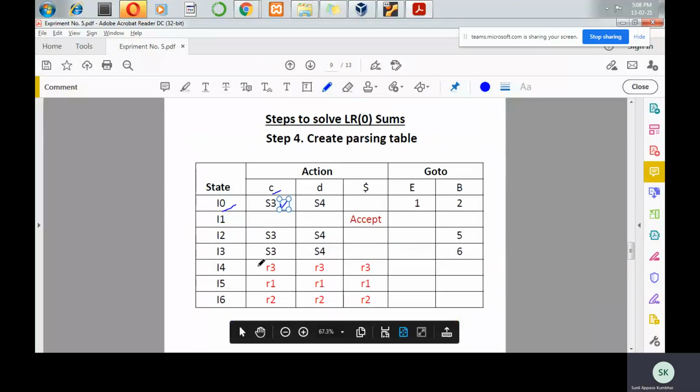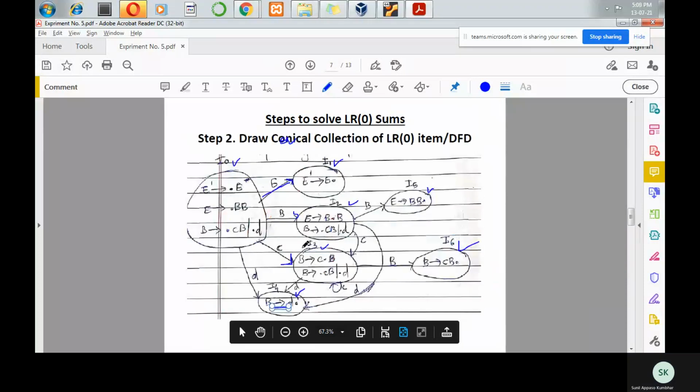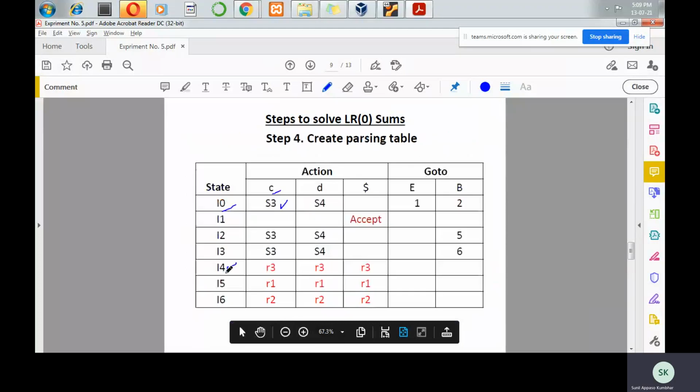So when we go for I4 state, in the I4 state, B produces D dot is a final item. So this entry is filled as a reduce entry. So with state I4 and the current symbol C, it has the final item B produces D dot.